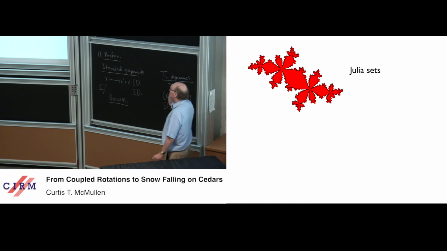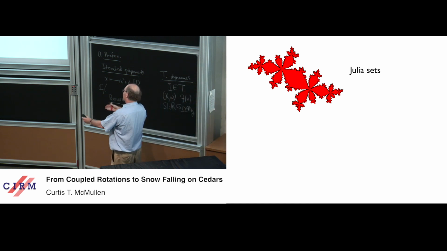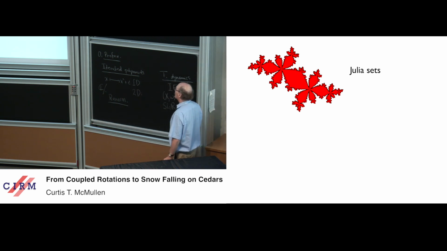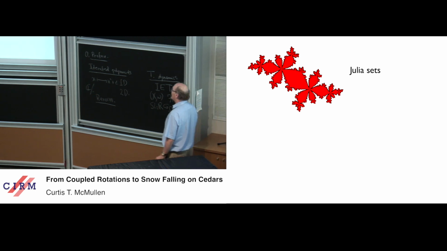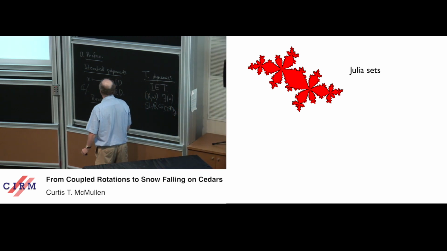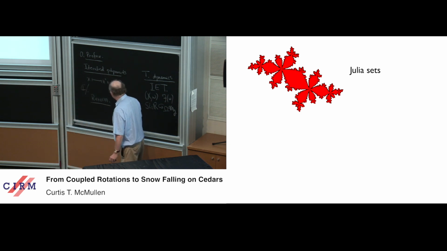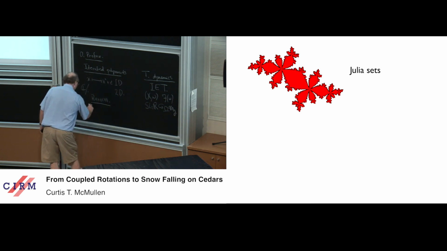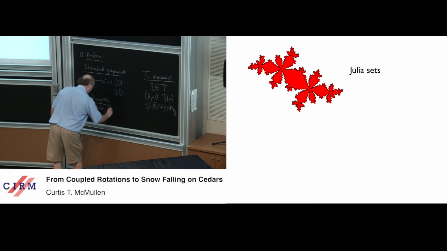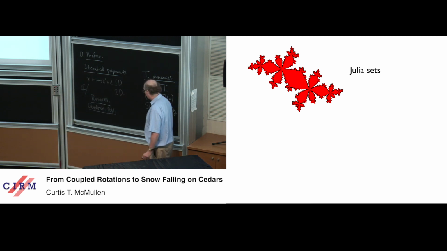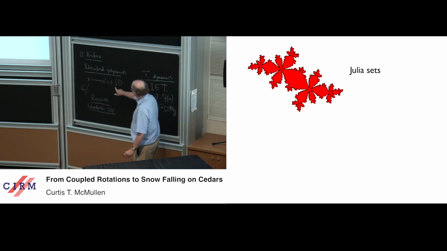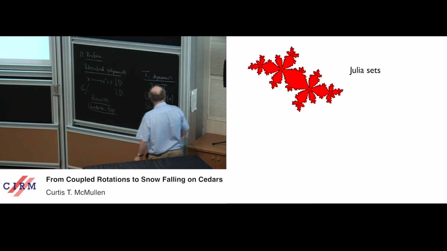Now Douady and Hubbard really initiated the rebirth of the study of complex dynamics, dormant since the days of Julia and Fatou, by studying the complex quadratic polynomial. So that's sort of the simplest case, because they form a one-dimensional family over the complex numbers. There's one variable here, c.